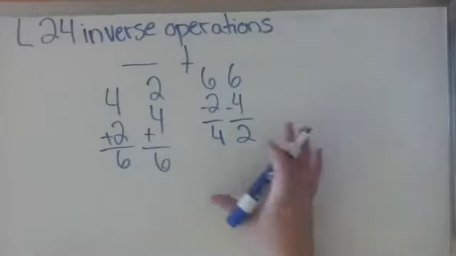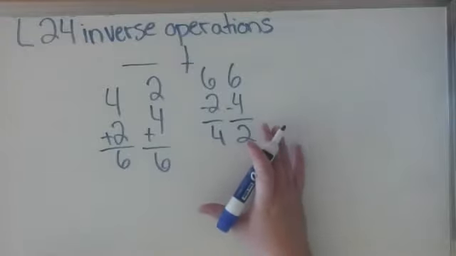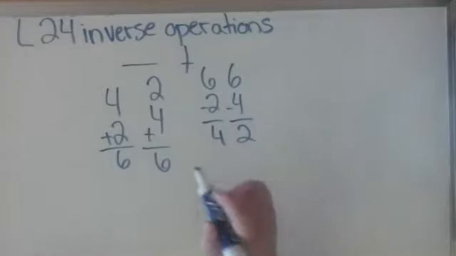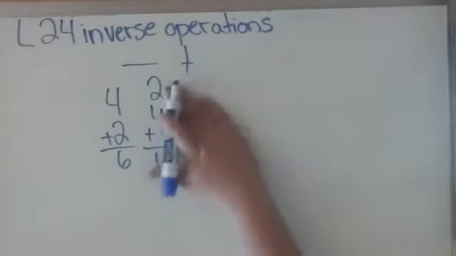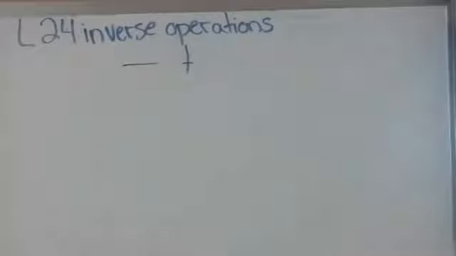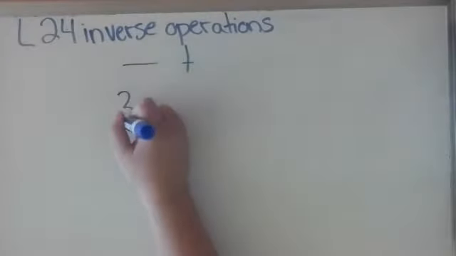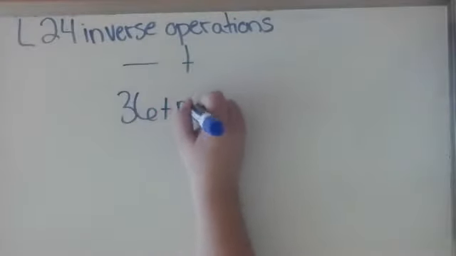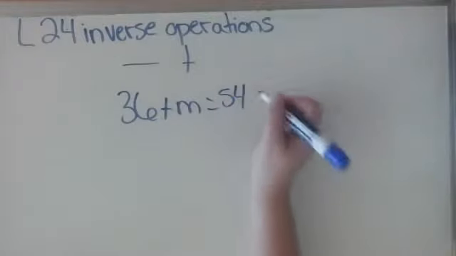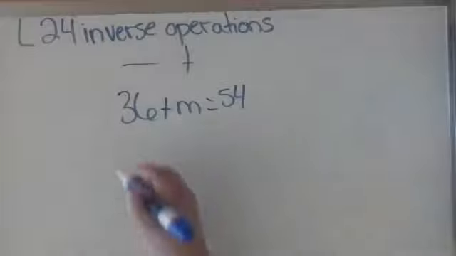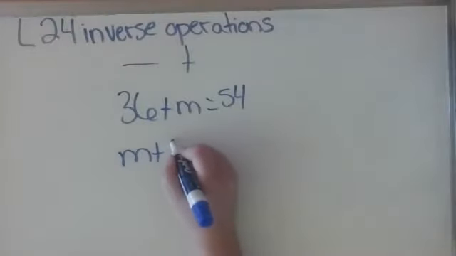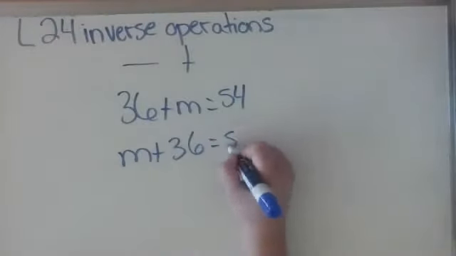Now we're going to use this same idea and method to find, and use the inverse to find, missing numbers in both subtraction and addition. So let's take a look. Our first one is 36 plus m equals 54. First thing you want to do is rewrite it. M plus 36 equals 54.